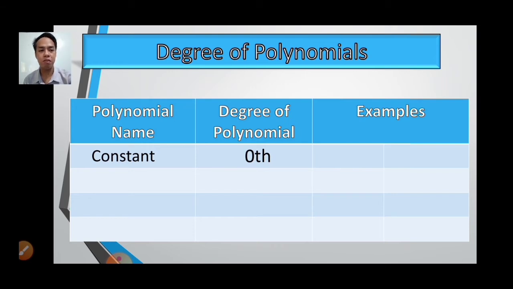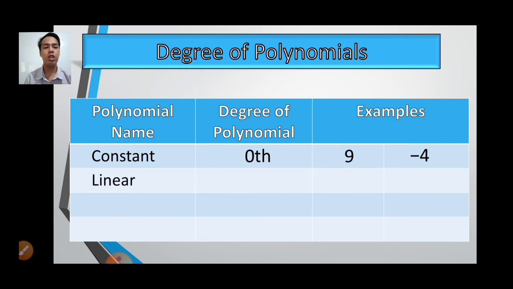The examples of this are 9. 9 is a whole number, right? There is no variable. Next, negative 4. Of course, there is no variable. That is what we call the constant term. The constant term is found at the last term of the given expression.